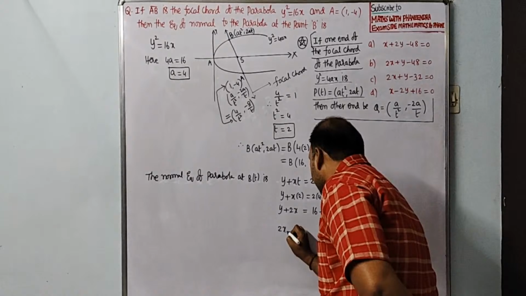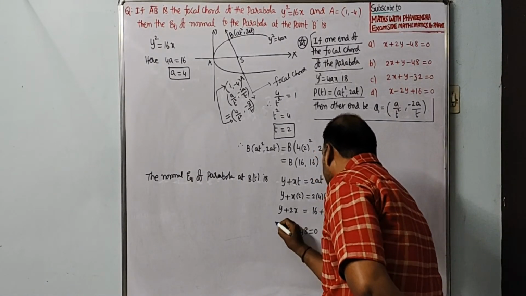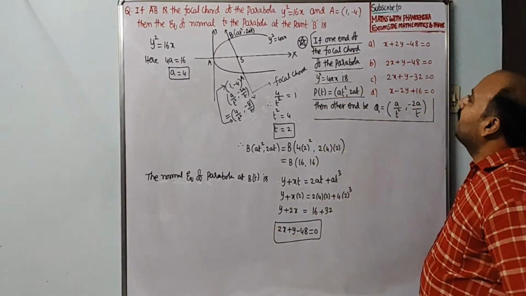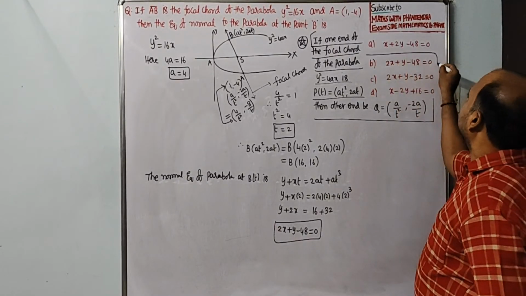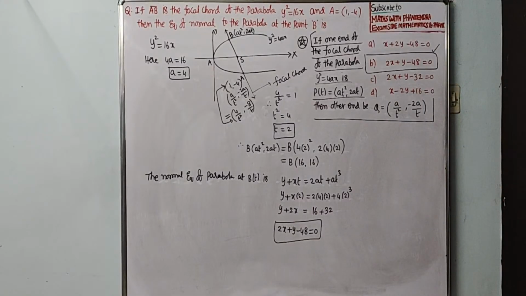So 2x plus y minus 48 equal to 0. Therefore, this is the normal equation to the given parabola at the point B. So 2x plus y minus 48 is in the second option, dear students. I hope you understand. Still, if any student is not able to understand, write in the comment box. I will respond. Okay.